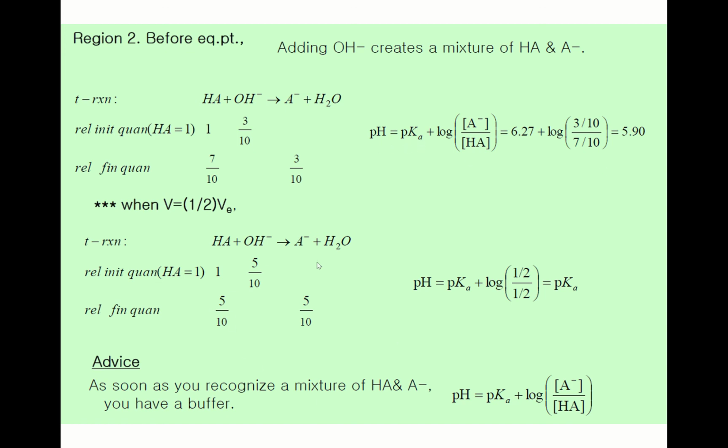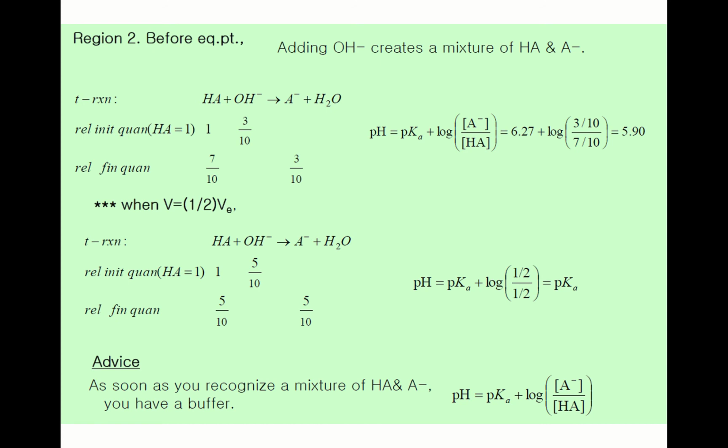Here's the illustration: when 5 ml of hydroxide ion was added, the moles of HA and A minus are the same, so pH is pKa. Very simple.